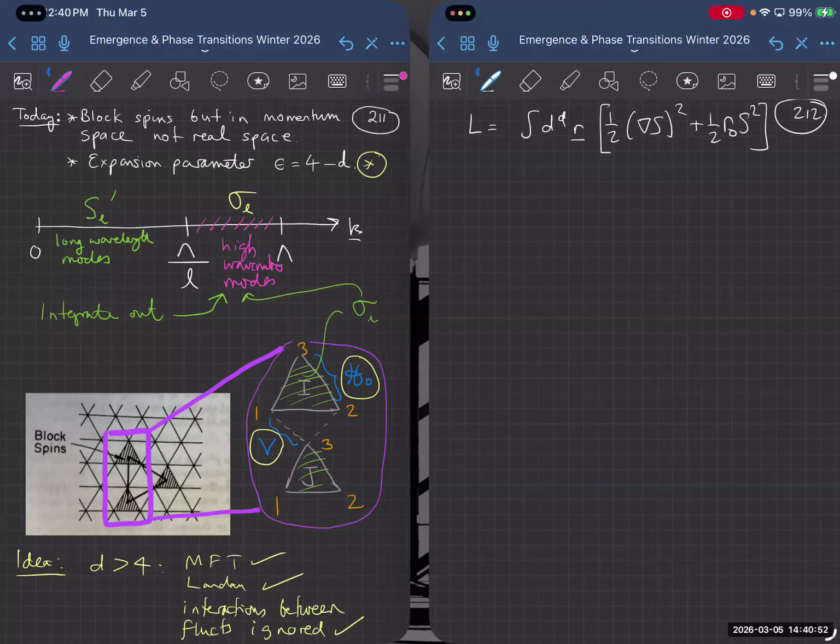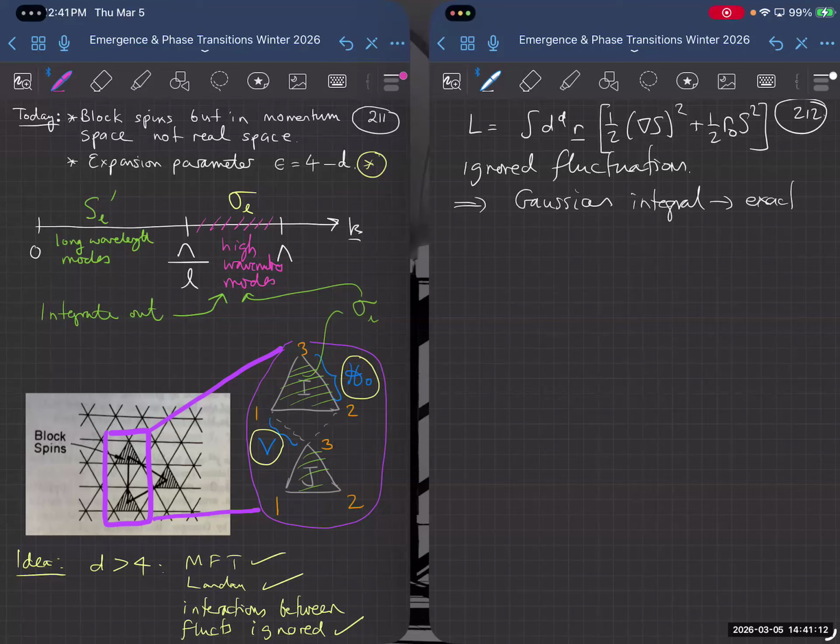So this has ignored the fluctuations. And this thing is a Gaussian integral, and we can do it exactly. I'll show you how to do it. It's not hard to do.